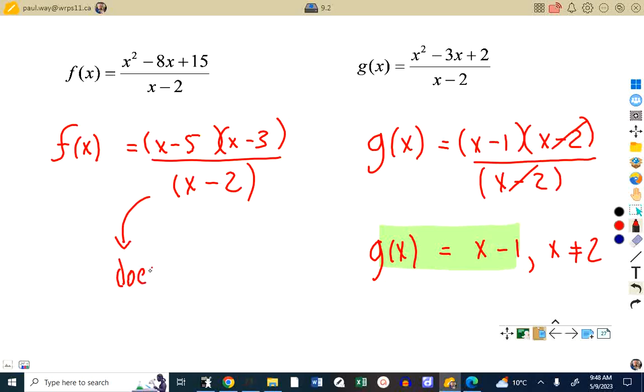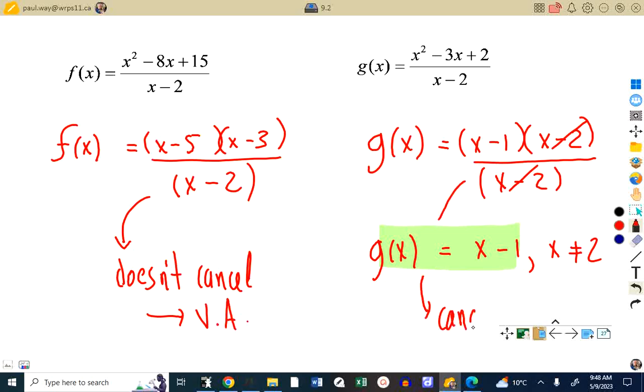Does not cancel, you produce a vertical asymptote. Cancels, you produce a hole.